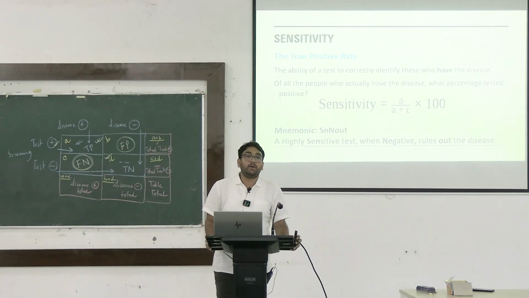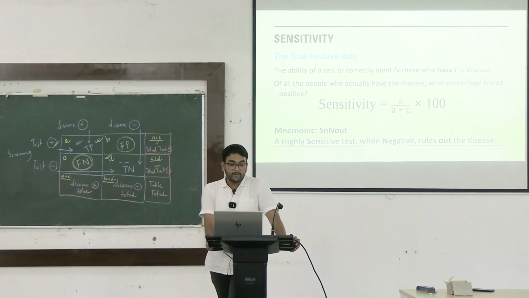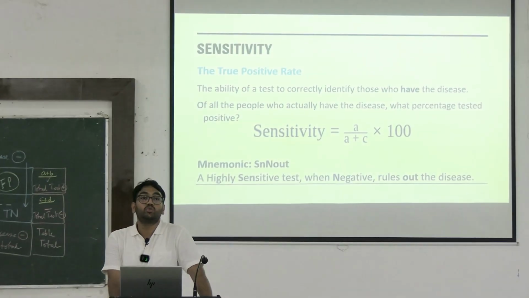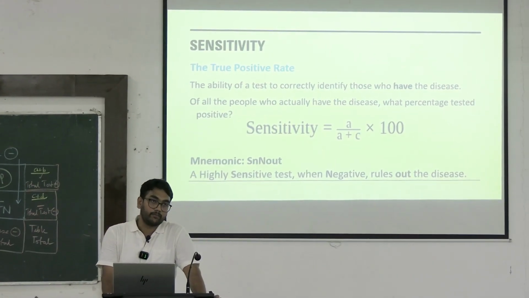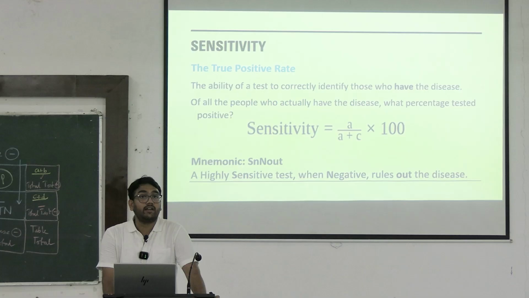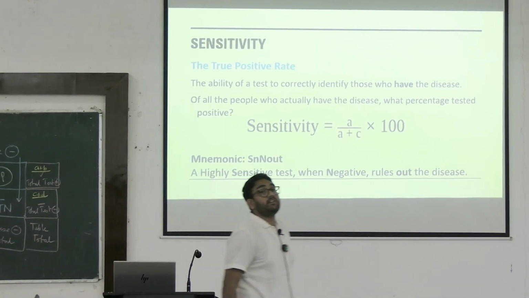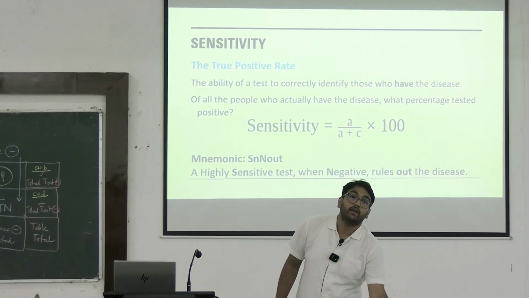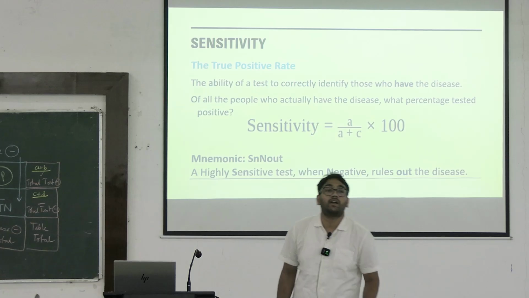If you want to remember it by a mnemonic, remember it by SNOUT. That is, a sensitive test when negative rules out the disease. Isn't it? Because when will sensitivity be close to 100?